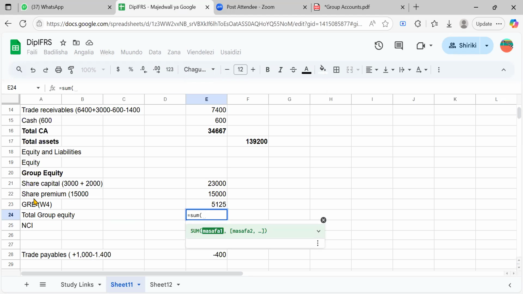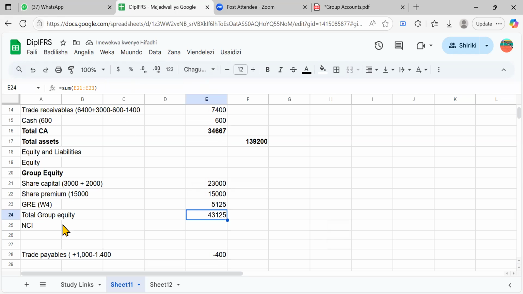It should be 21... 23. Yes. So we have our figure there again.